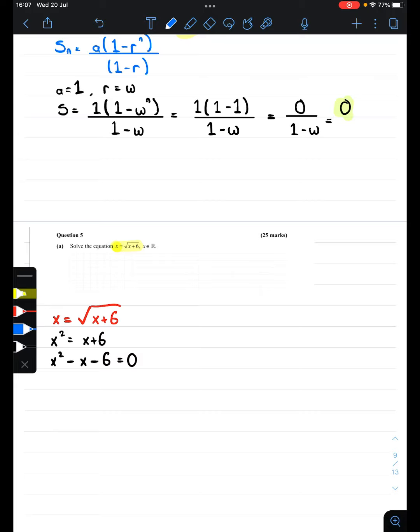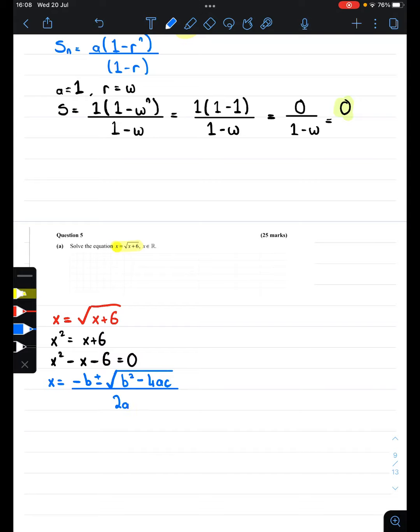So we write down our quadratic formula. x equals minus b plus or minus the square root of b squared minus 4ac, all over 2a.